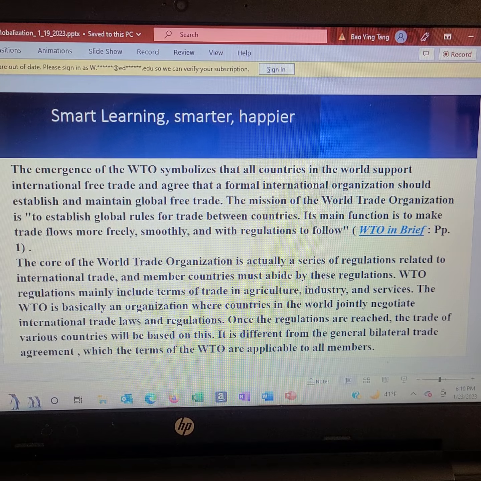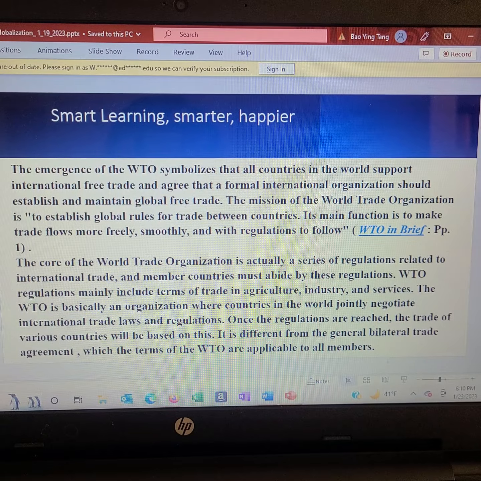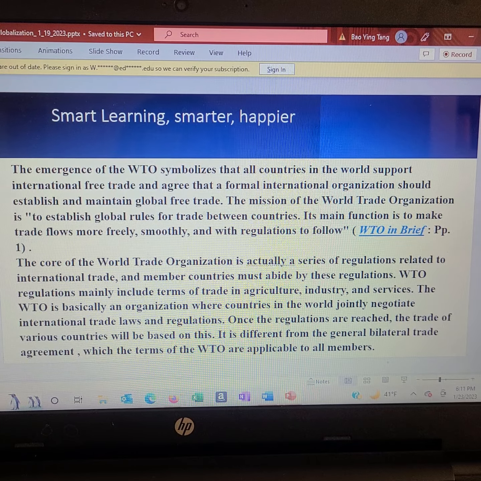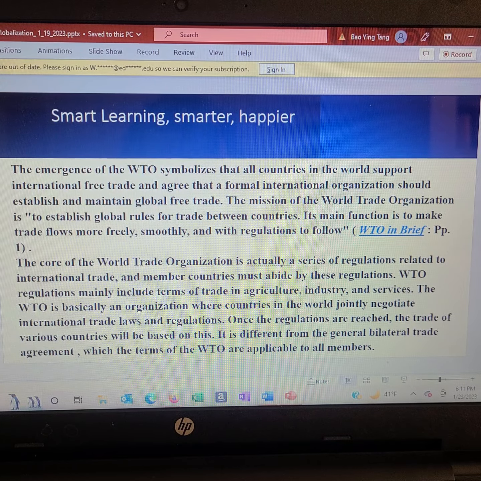The core of the World Trade Organization is actually a series of regulations related to international trade, and member countries must abide by these regulations. The WTO regulations mainly include terms of trade in agriculture, industry, and services.